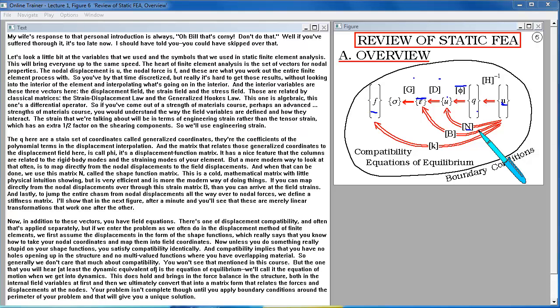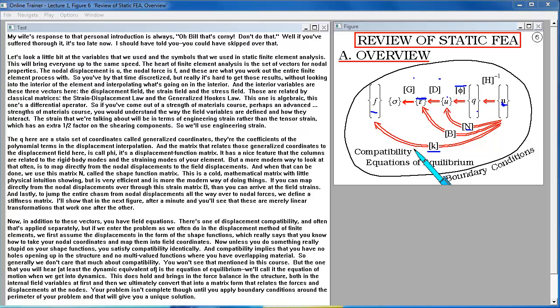If you can map directly from the nodal displacements through this strain matrix B, then you can arrive at the field strains. And lastly, to jump the entire chasm from nodal displacements all the way over to nodal forces, we define a stiffness matrix. I'll show that in the next figure after a minute, and you'll see that these are merely linear transformations that work one after the other. Now, in addition to these vectors, you have field equations.